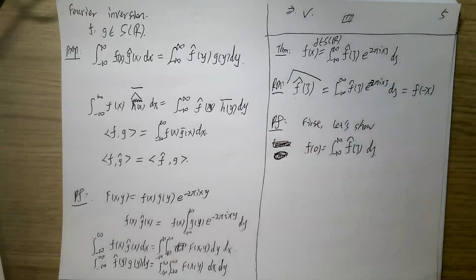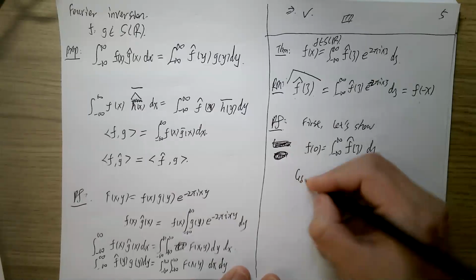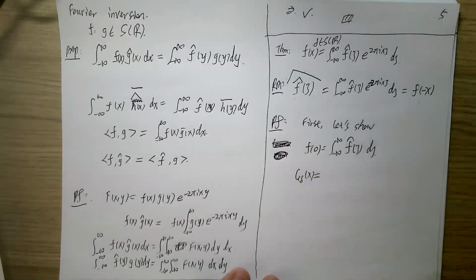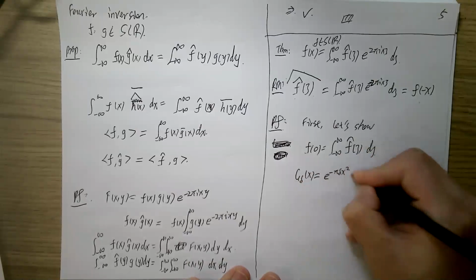f(0) is actually equal to the total integral of the Fourier transform of the function f. Okay, so why is this true? Well, this is true. It may not be easy to see, but let's try to do the following. Let's try to use the good kernel as we mentioned. Okay, let's call this G_δ, which is e to the minus pi δ x squared, the Fourier transform of our good kernel K_δ.